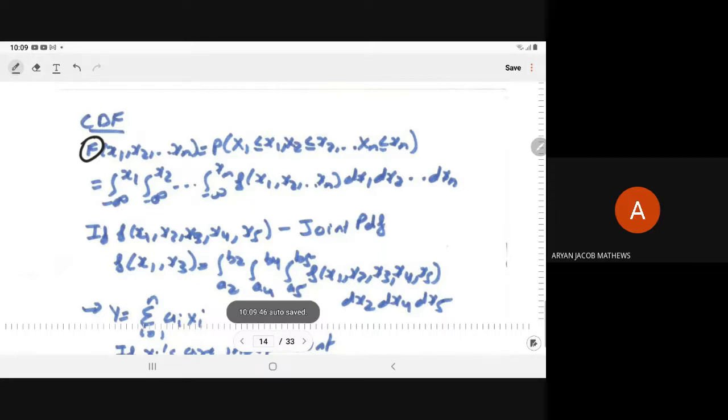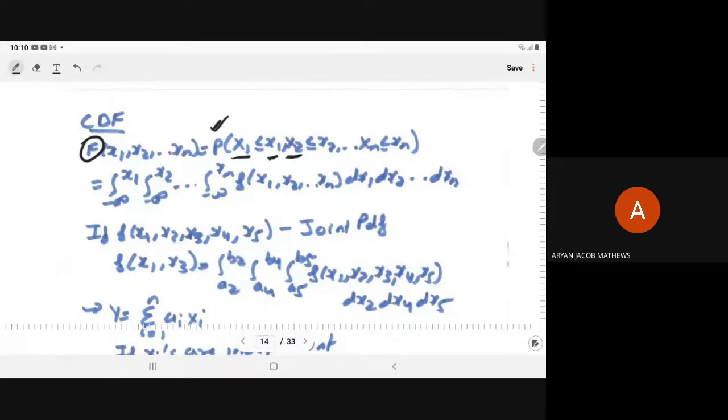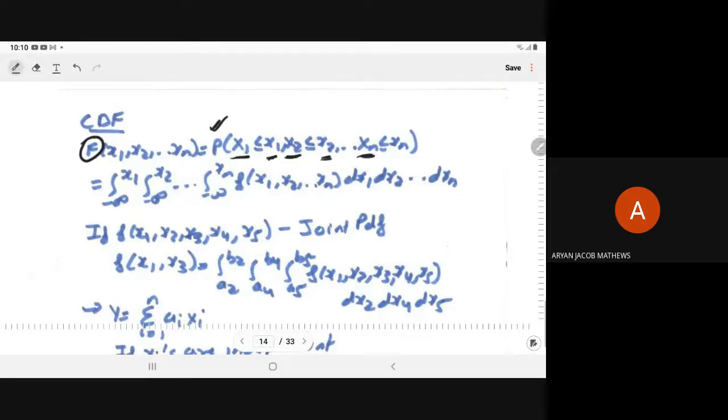The definition is the accumulation of probability up to that point. So F of x1, x2, xn implies the probability that the x1 random variable takes values up to x1, x2 random variable takes values up to x2, and xn random variable takes values up to xn.